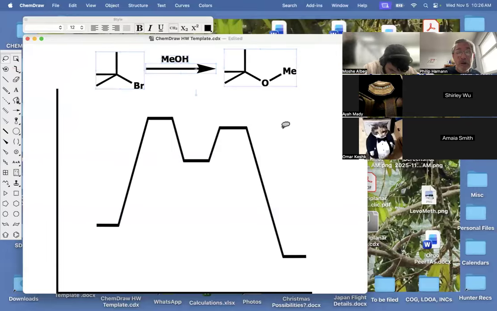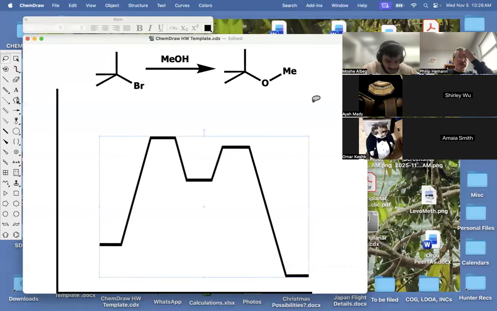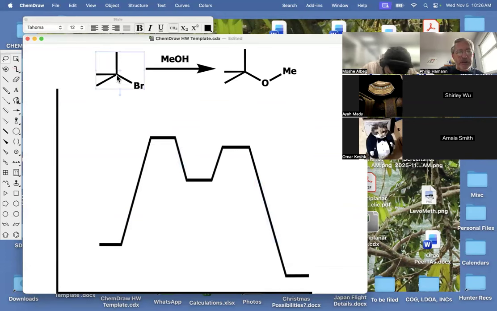Okay, so the first step is ionization to the carbocation, which is a high energy intermediate, but it's an energy minimum, and then the product at the end. So if I ask to label it completely, that would go there.